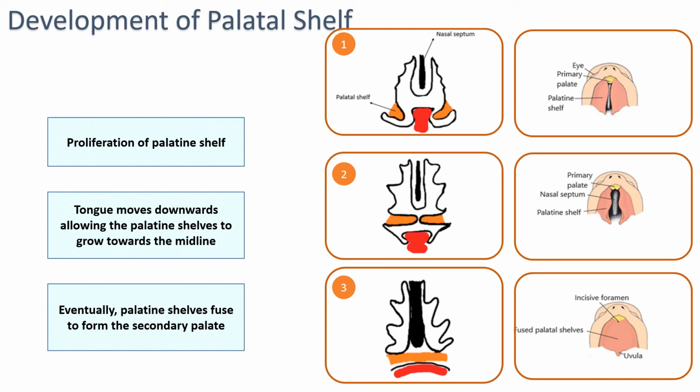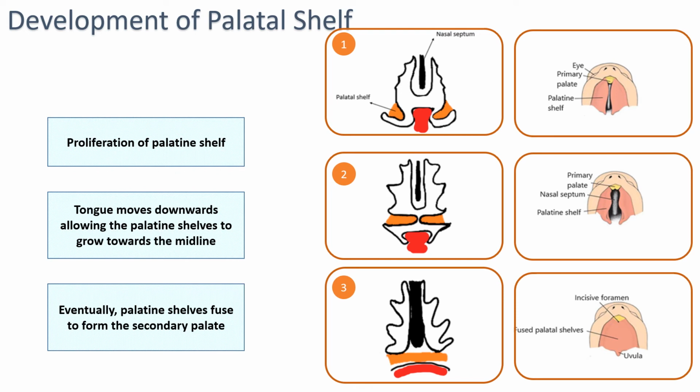By the time you're in image 2, the palatal shelves have taken on their horizontal position, and they will ultimately fuse by the 10th week of development. When the tongue moves down to its spot, the palatal shelves are able to fuse in that horizontal direction. In the vertical plane, you have the nasal septum coming down to fuse here as well.